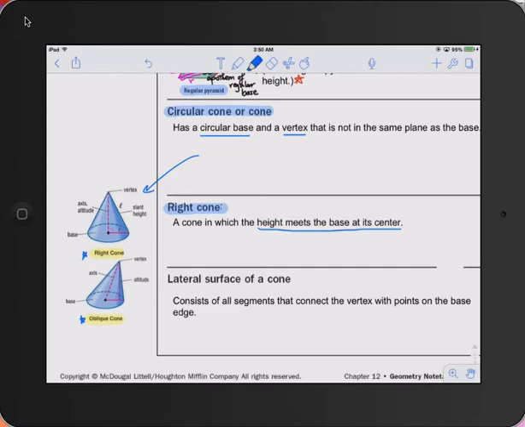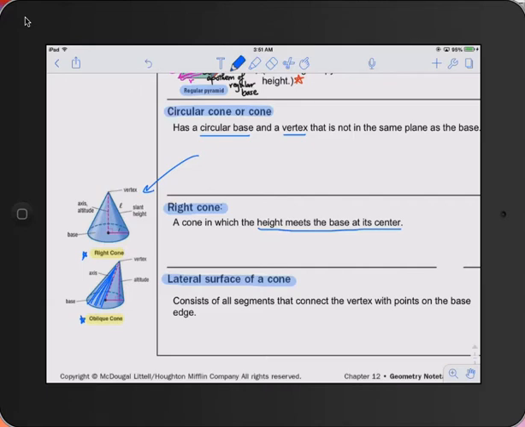Lateral surface of a cone: we're going to do the lateral surface area just like we did with prisms, and just like we'll do with pyramids. And you should understand what the lateral surface is. It's described there as consisting of all the segments that connect the vertex with points on the base edge. So it's all of these segments put together to form the surface.